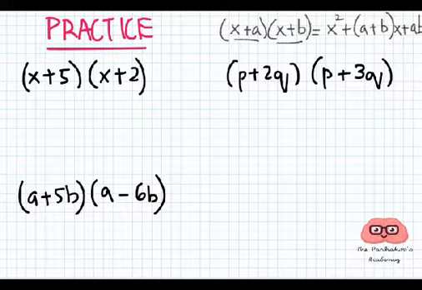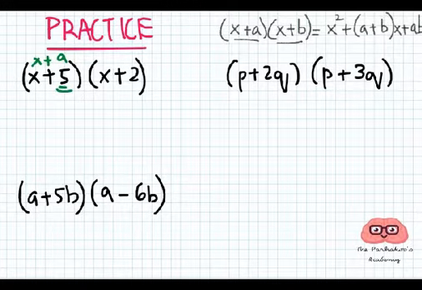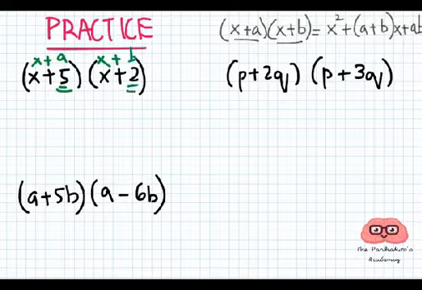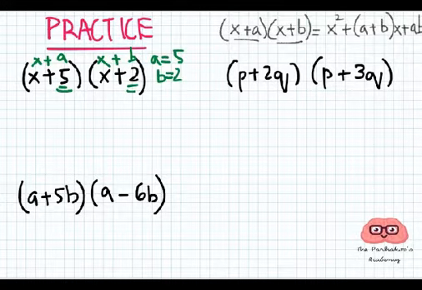So here, according to the formula, this is x plus a, so this is a, and this is x plus b, so this is b. So a equals 5 and b equals 2. Here we just have to put the values.